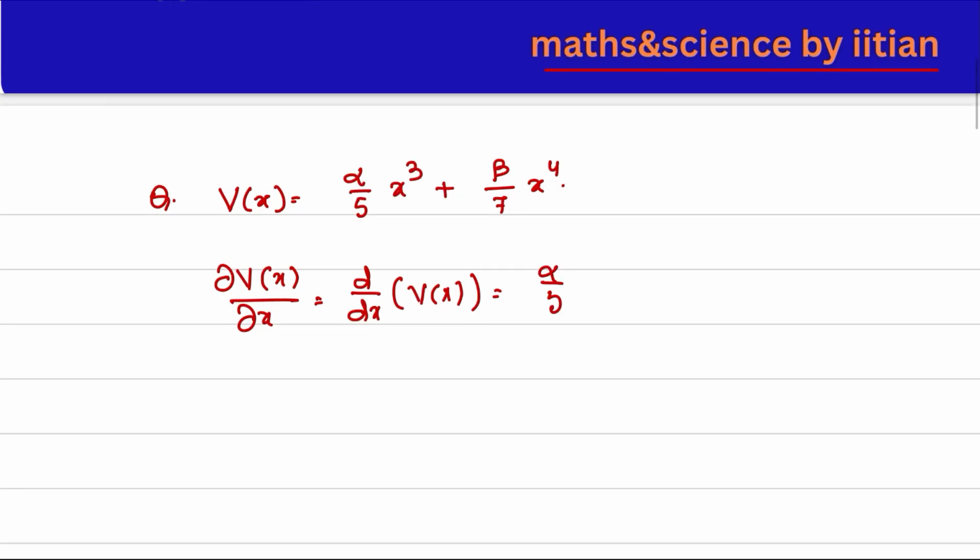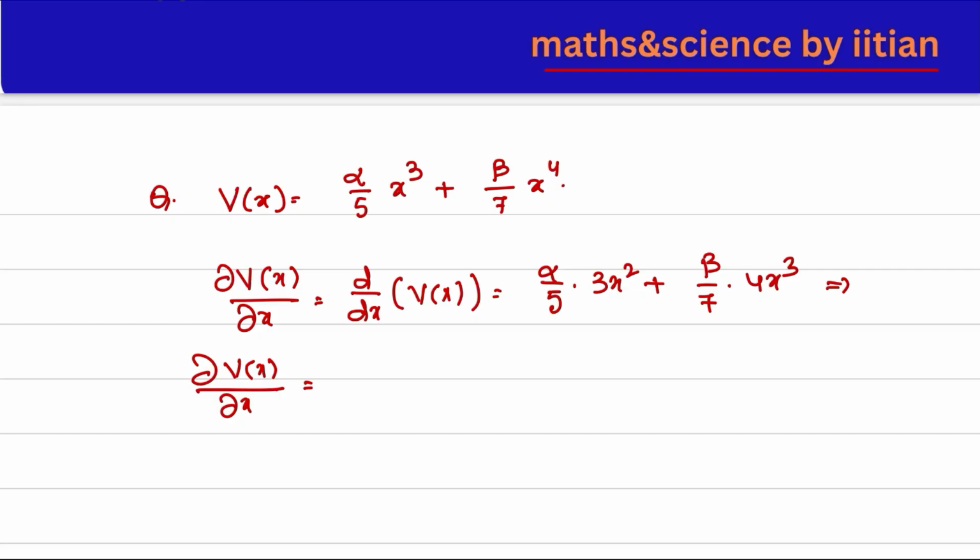Alpha by 5 is a constant, d by dx of x^3 is 3x^2, plus beta by 7 is a constant, and x^4 differentiates to 4x^3. That implies dou V(x) by dou x, it is a partial differentiation.